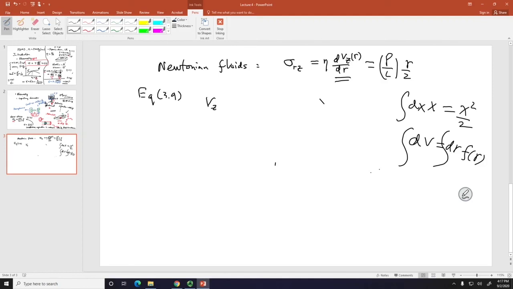Basically, you find, as I try to show you, that your velocity flowing down is indeed a function of r, and it has its maximum at the center and 0 at the wall.